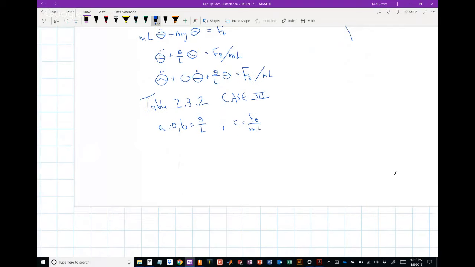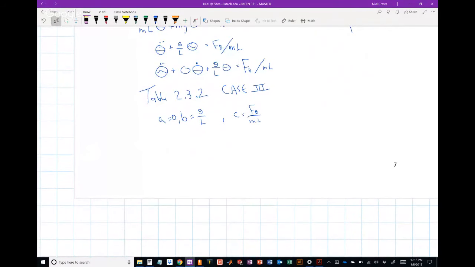Okay. So we can simply put this into the form that's given here for case 3. I'll go and put in these numbers right here. B, so g over L is going to be 4.4545 1 over second squared. C is going to be 0.90909 1 over second squared. Okay.